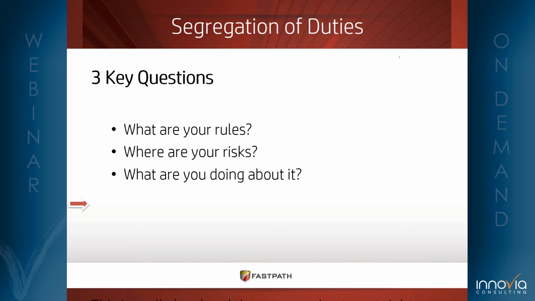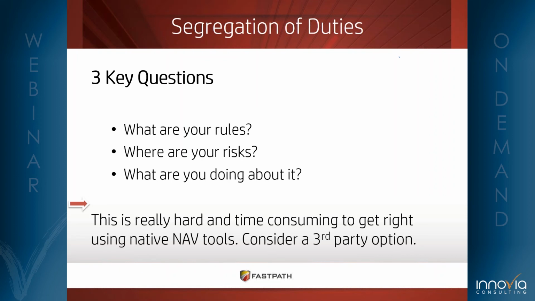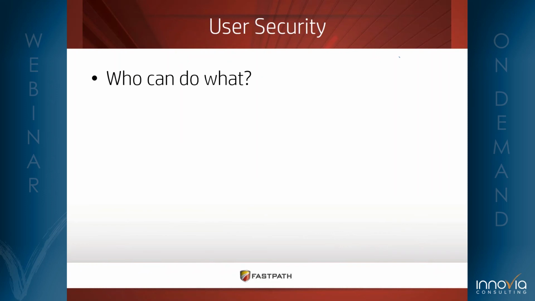Now, the one thing to know is that this is very hard and time-consuming to get right using native NAV tools. You might want to consider a third-party option. There are some tools out there. Fastpath makes a tool. Our segregation of duties analysis tool will give you that information. So just a couple things to consider.